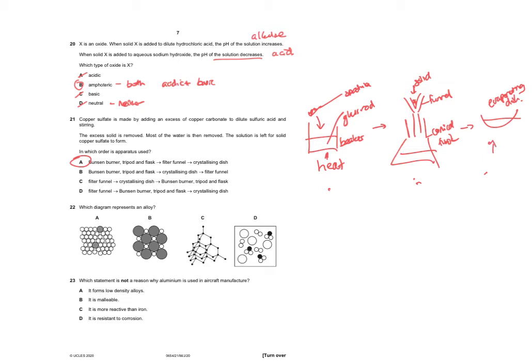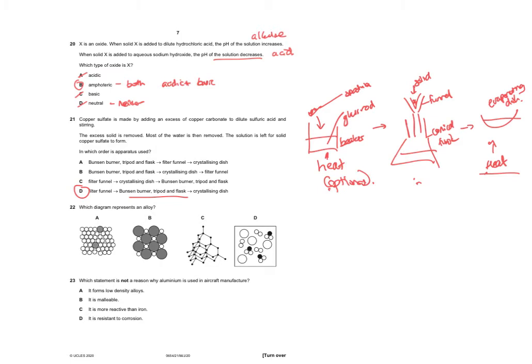Sorry, heat here. It's going to have to be D, apologies, because we definitely need a Bunsen burner for this one. We can, this is optional here. So it's going to be D.